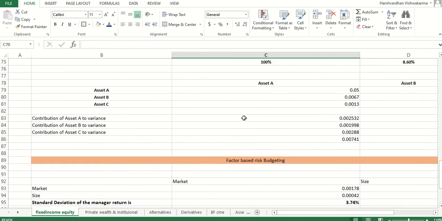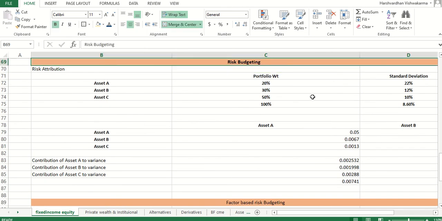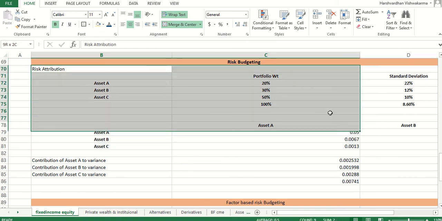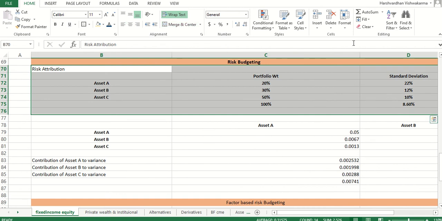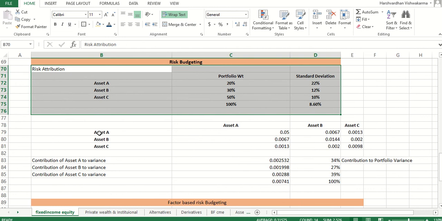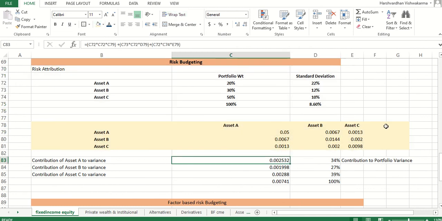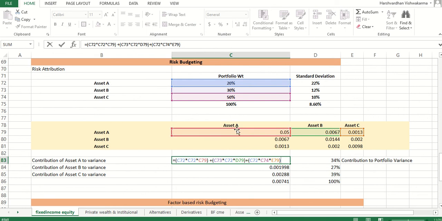Then we have risk budgeting and the contribution of assets. So what is risk budgeting? It's basically saying which asset is contributing how much risk in the portfolio. So in the exam, if you are given an output wherein you are given the portfolio weights, the standard deviation of each asset, and a variance covariance matrix, all you have to do is apply the formula: weight of asset A into weight of asset A into covariance of asset A with A, with B, A with C, keep on summing it.